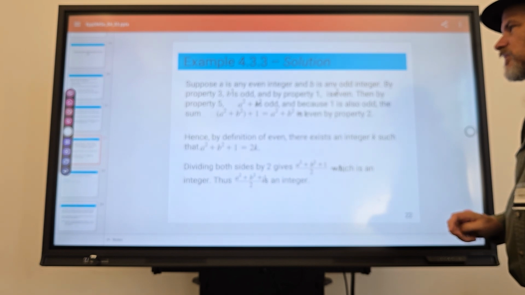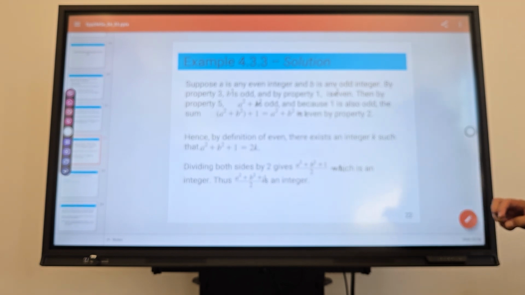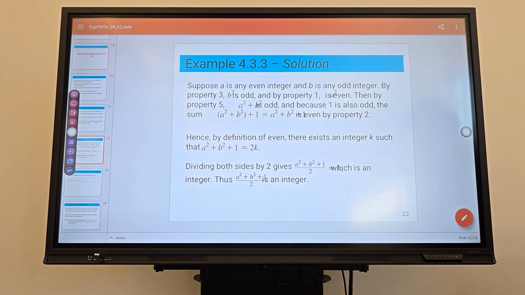So you go through and do substitution, and by property 3, B squared is odd, and by property 1, A squared is even. Then by property 5, A squared plus B squared is odd. Because 1 is also odd, the sum A squared plus B squared plus 1 is even.